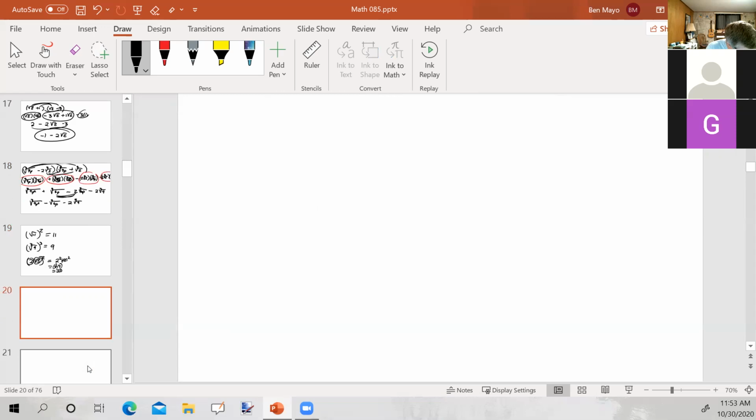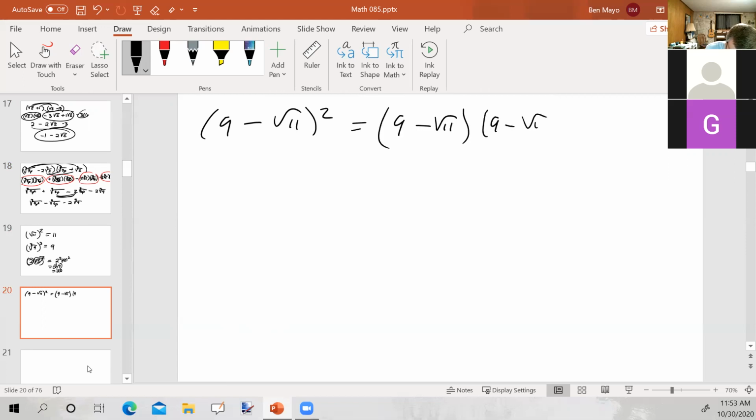How about this? 9 minus the square root of 11 squared. So that would be 9 minus the square root of 11 times 9 minus the square root of 11. Okay? So now we're going to FOIL it. We're going to get 9 times 9 is 81. 9 times minus the square root of 11 is minus 9 square roots of 11.